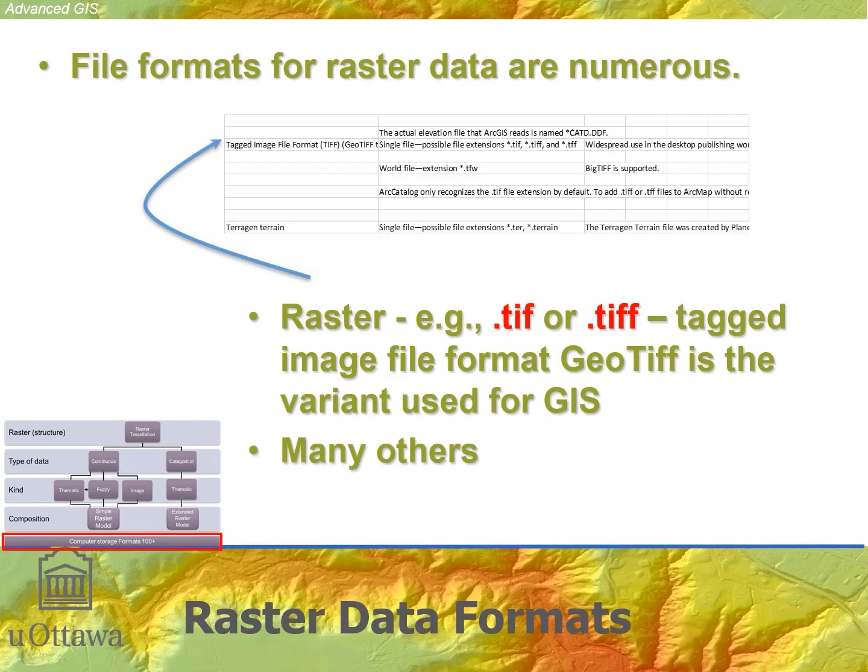And there are numerous file formats for raster data. The most common one that's used with raster data inside of GIS systems is a TIFF, tagged image file format. And these are used specifically because they are non-lossy, even compressed TIFFs.